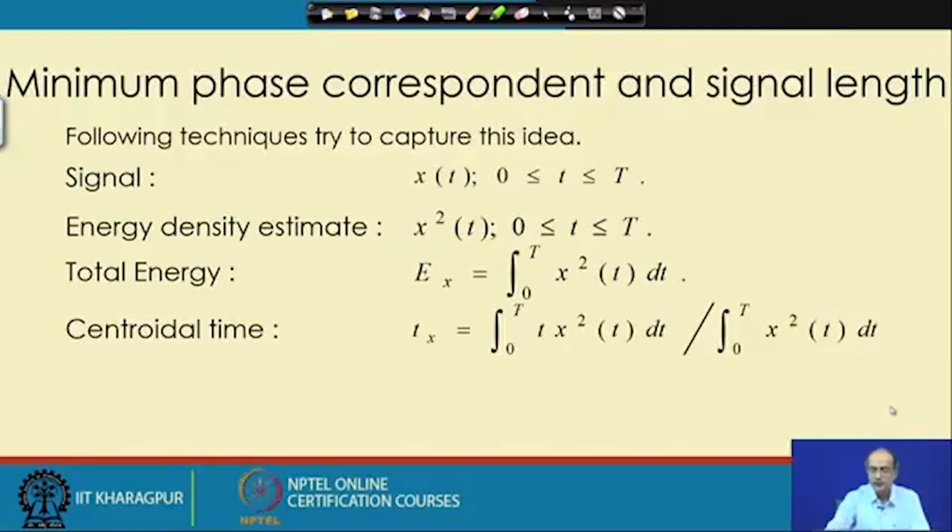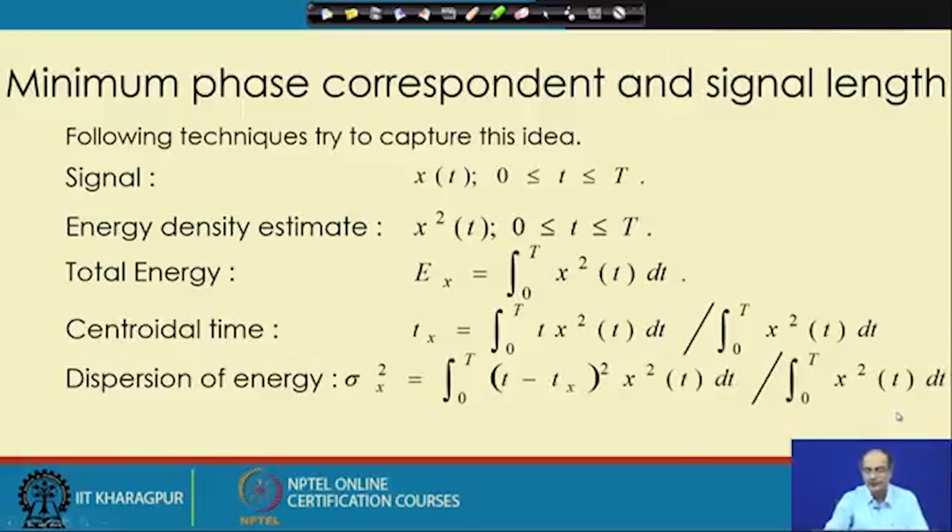or what we can call the first moment. So we can calculate that first moment, and in the same way we can have the variance or the dispersion of energy.